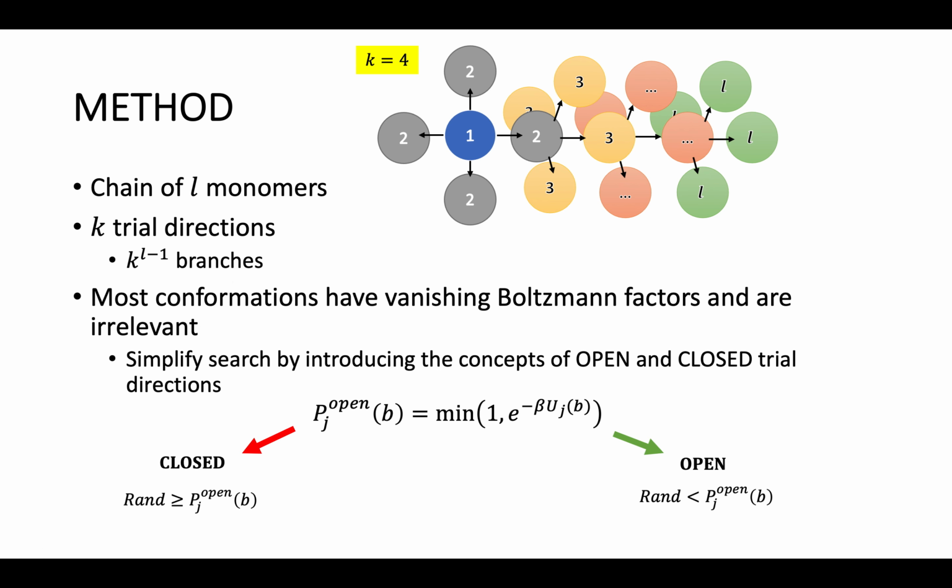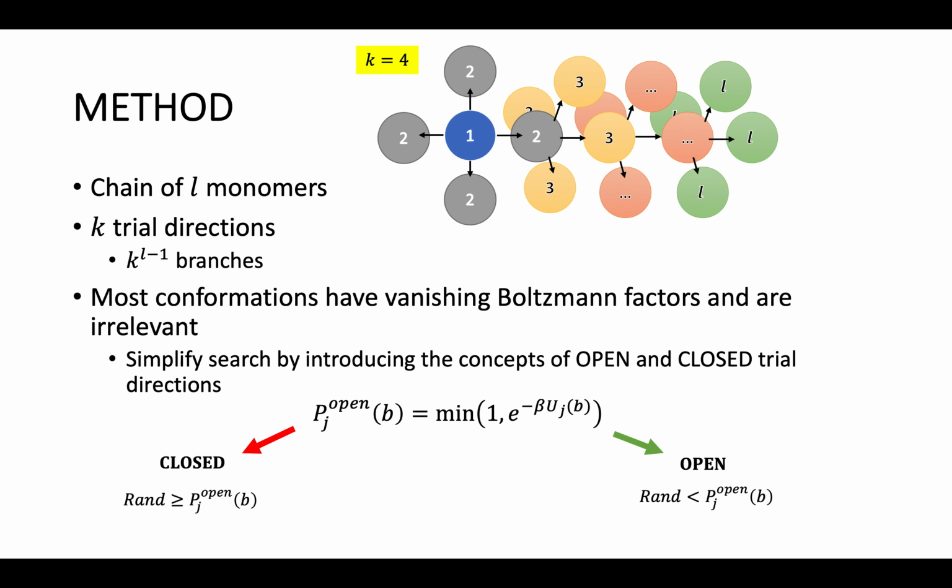Here we're talking about literally all the possible ways we can have connected chains, considering that each monomer has k directions to grow to. But the thing is that most conformations have vanishing Boltzmann factors, so we simplify the search for the most relevant conformations by introducing the concept of open and closed trial directions.